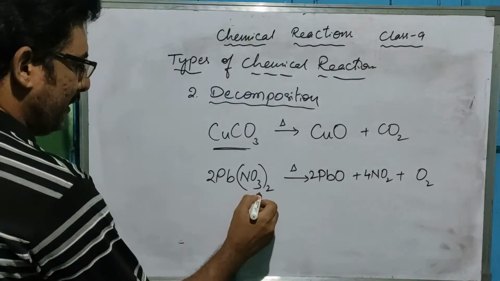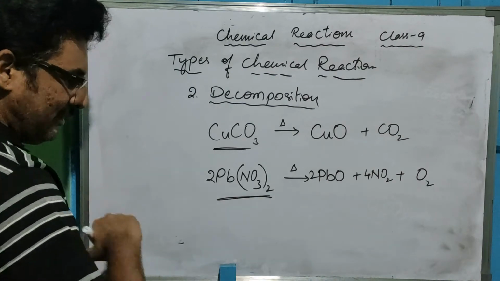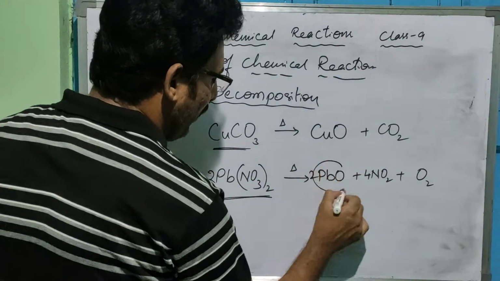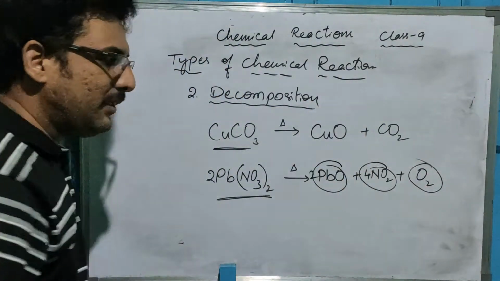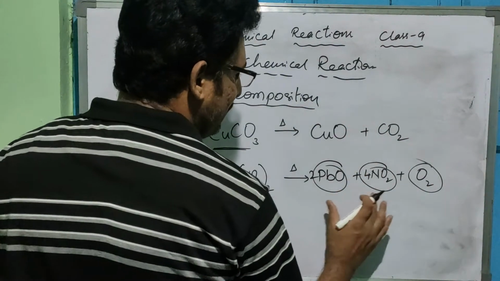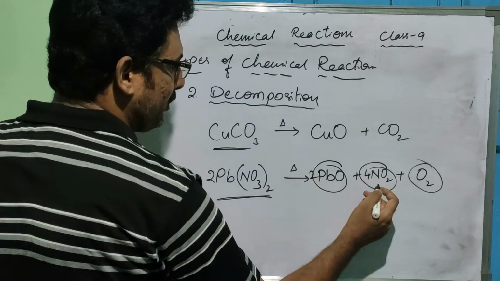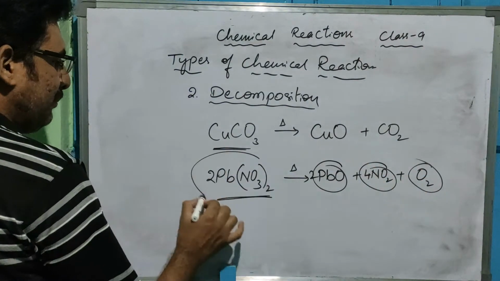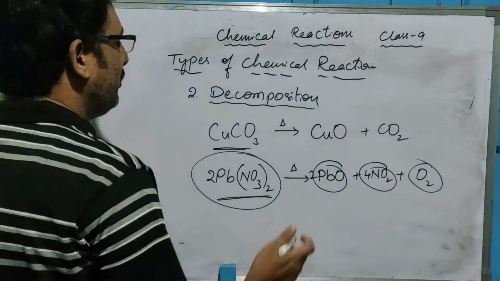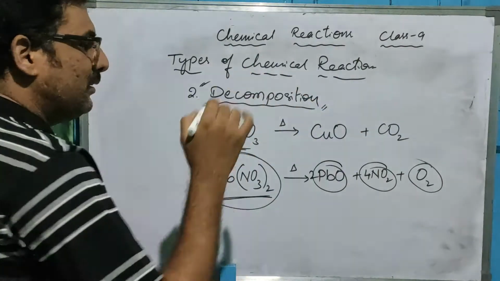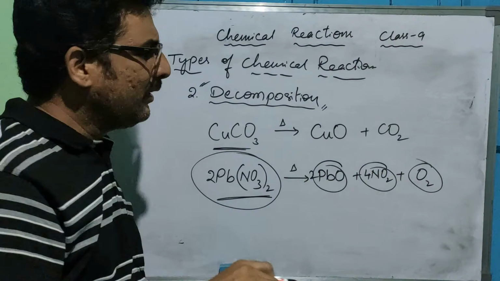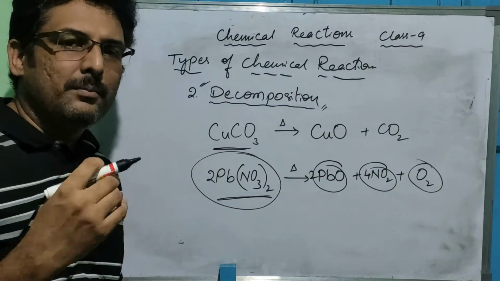Look at this: I'm taking only one compound, lead nitrate, and on heating it I'm getting three substances as products: lead oxide, nitrogen dioxide and oxygen. So one compound splits into three different substances. This is a decomposition reaction, in which one compound splits into two or more substances.